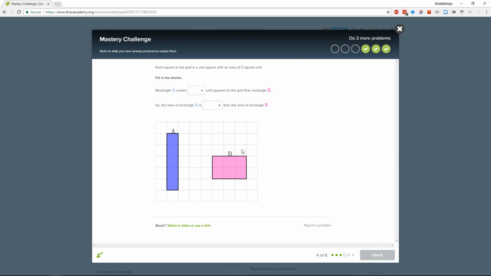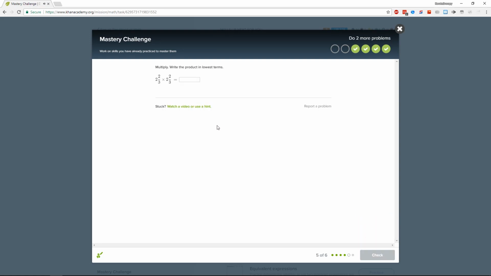Each square in the grid, rectangle A, covers 5 fewer. So the area is less than the area of B. Write the product in lowest terms.